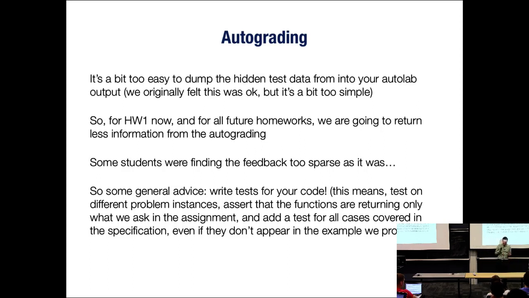So this is a trade-off we struggled with a little bit, and we decided to go one way, and I think it's not quite working. We need to go a little bit the other way and see if that works better. So from now on, and for future homeworks, we're not letting you just print everything. We are giving only certain classes of feedback to the problems.